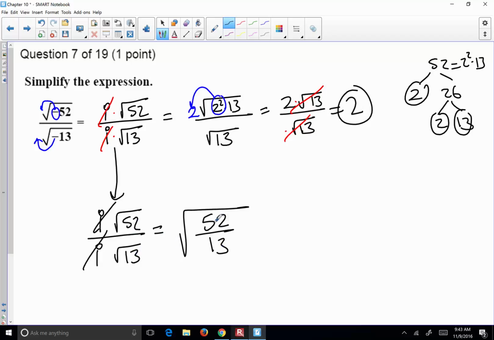And you see 13 goes into 52 4 times. We get root 4. Root 4 is 2. This is an alternative way. But you only combine two jails into one if you foresee a division happening in the second line. Like if this was 17, I wouldn't combine them. Don't combine them if it's 17, because 17 doesn't go into 52. You do it if they are canceling.